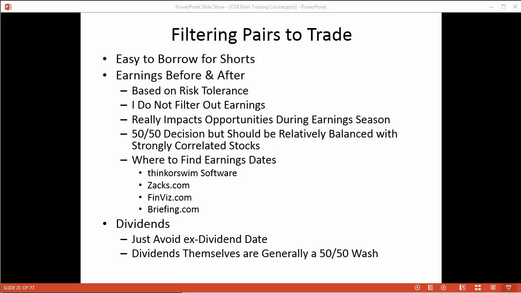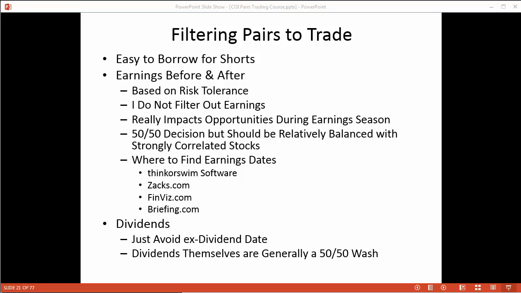The main reason I don't is because during earnings season, you can lose a lot of your stocks in your pairs list that may have to sit idle for 2, 3, maybe 4 weeks to wait out the earnings on that particular stock. So your opportunities go way down during earnings seasons, and in reality the risk of earnings isn't quite as bad as most people make it out to be.